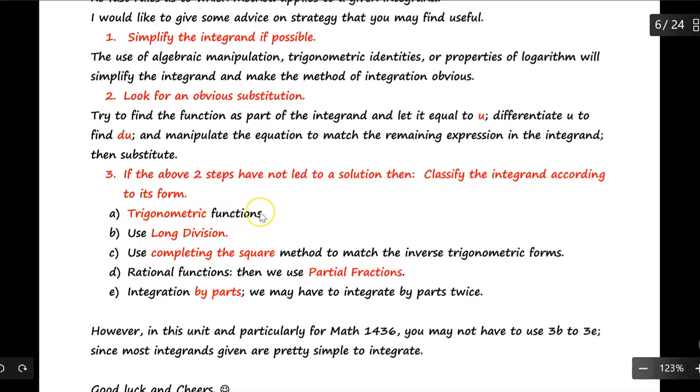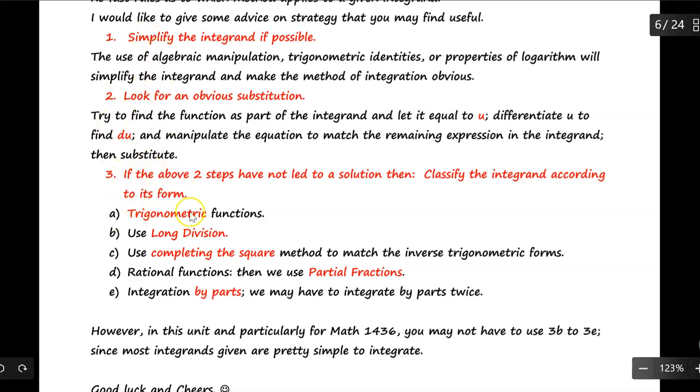If this doesn't work, then you need to look for the trigonometric functions and match with the formulas you can use. If not, you have to use long division, completing the square, partial fraction, or integration by parts. But for all the examples that I'm giving you in this video or the next video, I think strategy number 1, strategy number 2, and perhaps 3A will apply.